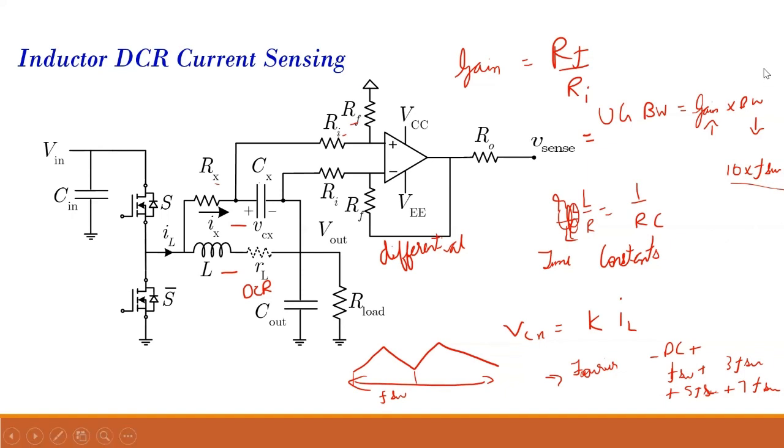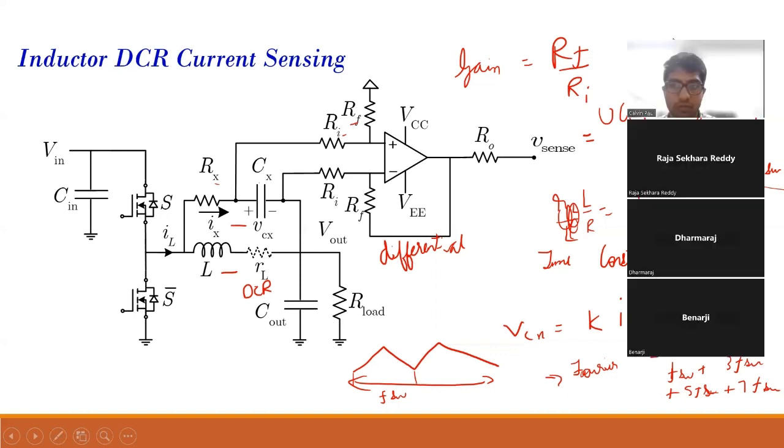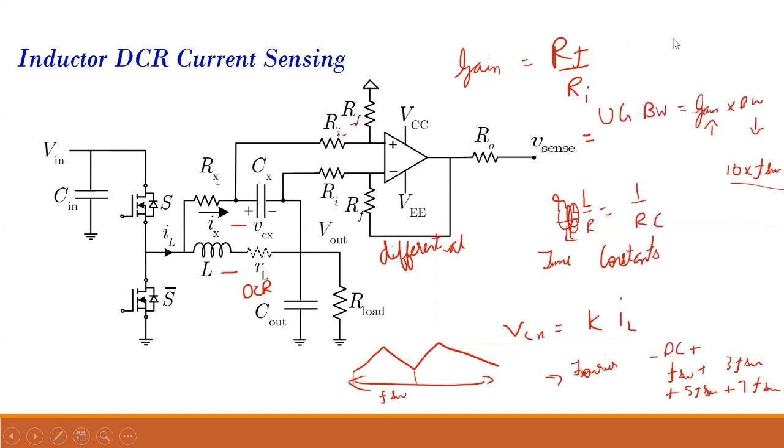Sir, if we keep this bandwidth to be at least 10 times FSW, then this V sense at the output is closely representing IL.